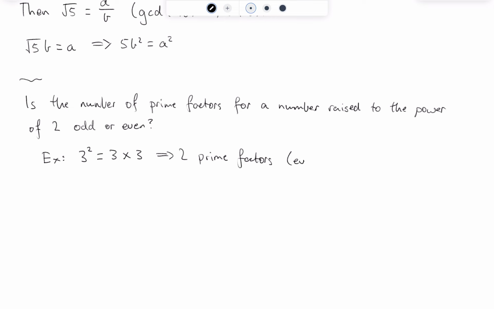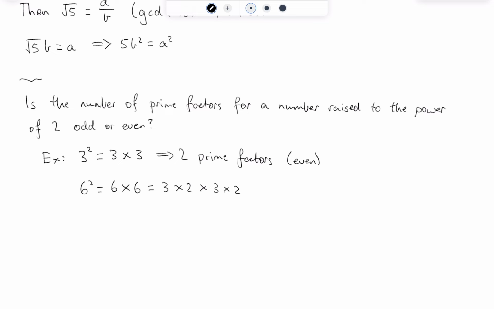Let's go through another example. Take the number 6 and square that. It's obviously 6 times 6. When you factorize this further, you get 3 times 2 and 3 times 2, and this is its prime factorization.